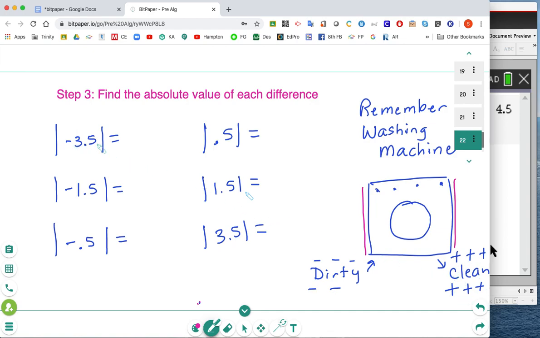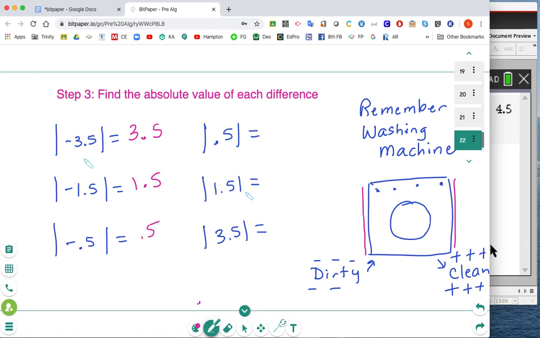So when I take the absolute value of negative 3.5, I'm going to get 3.5. If I put negative 1.5 into the washing machine, it'll come out positive 1.5. If I put negative 0.5 into the washing machine, I'll get positive 0.5.